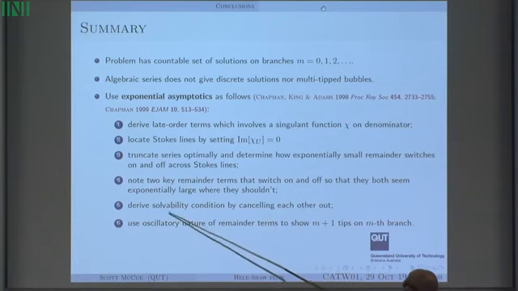Okay, so then you get your solvability condition, and that gives you the relationship between the speed and the surface tension. Also, at the end, I very briefly explained how we can describe the oscillating nature of the tips of the bubbles and show that you should get n+1 tips on the mth branch.